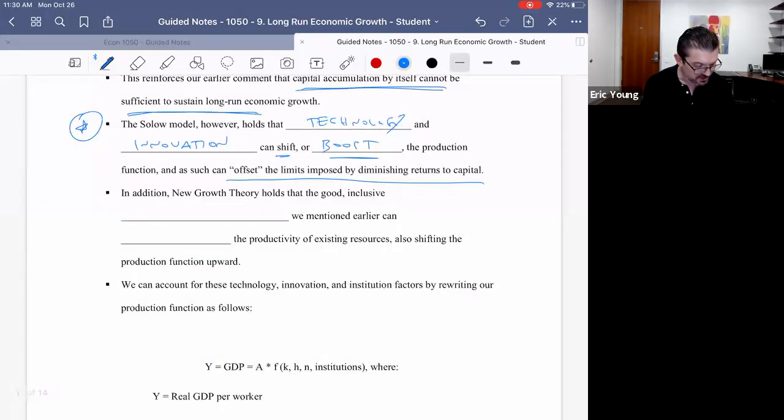And this is one of Solow's insights. We add to that the new growth theory contention that good, inclusive institutions, those institutions that we mentioned earlier, can increase the productivity of existing resources. So institutions also shift or boost the production function.